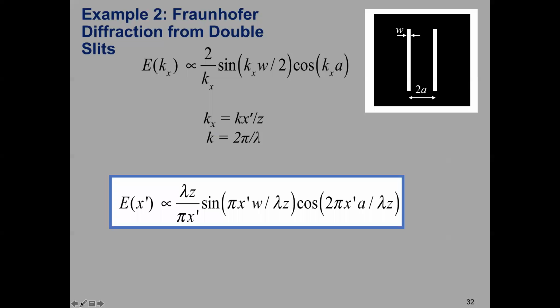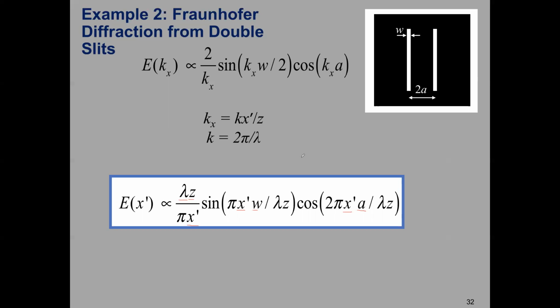It's kind of a mess, but most of these things are constants of the experimental situation: the wavelength, the distance between the slits and the screen, and the width of the slits and the space between the slits. The only real variable here, the thing we want to plot against, is the distance along the viewing screen, x prime.